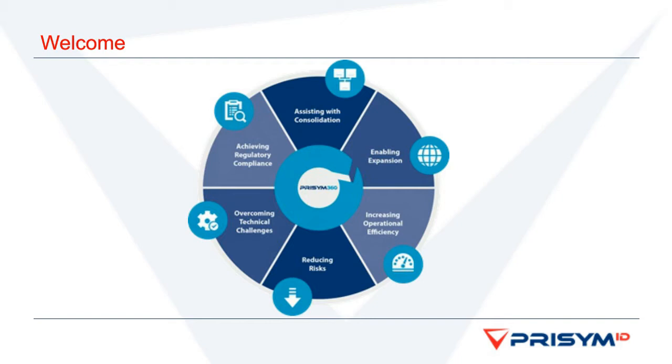So, this series of webinars, which is hosted by Prism ID, will help you choose the right solutions and through them reduce risk, achieve zero defect labeling with full traceability, increase efficiency, overcome technical challenges, improve the compliance, avoid costly product recalls, and assist with consolidation and expansion.